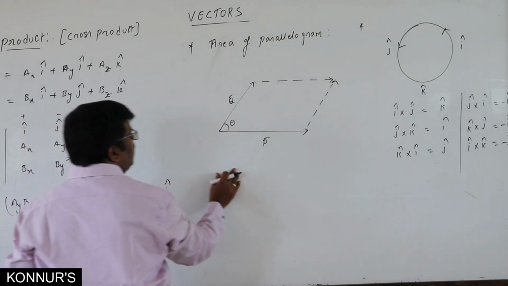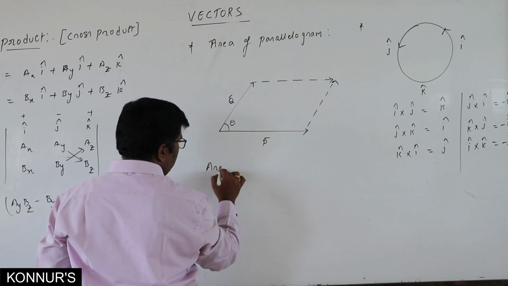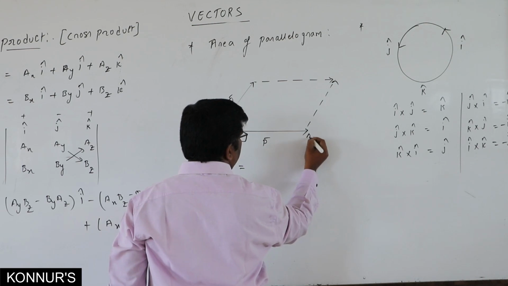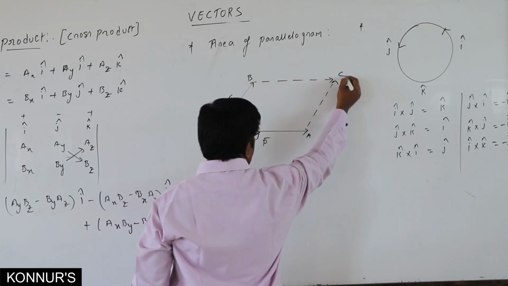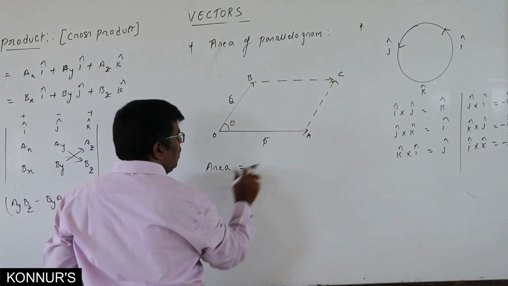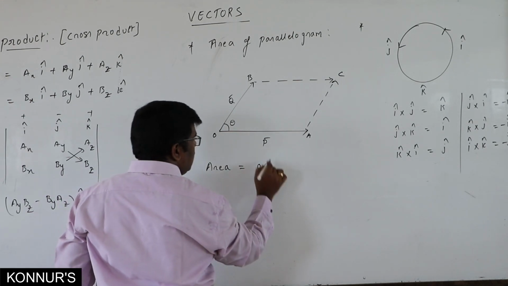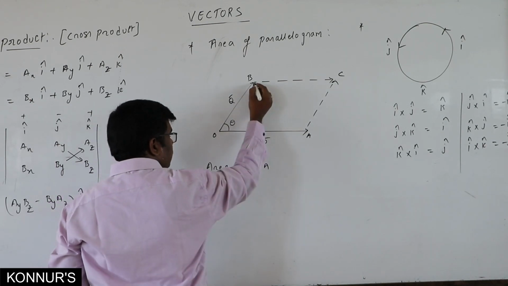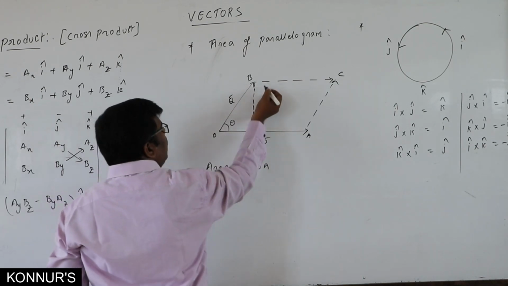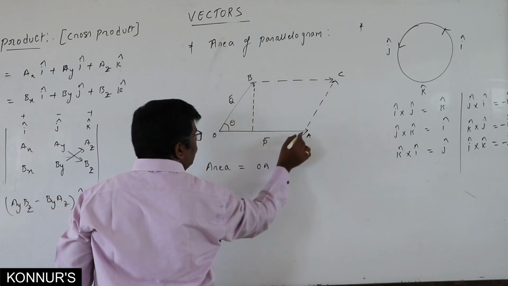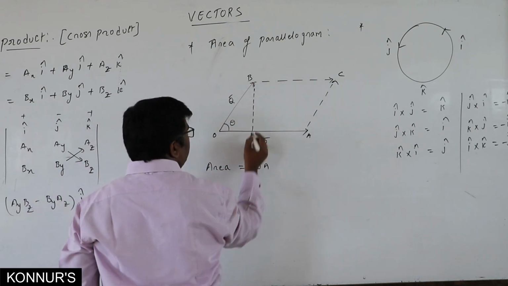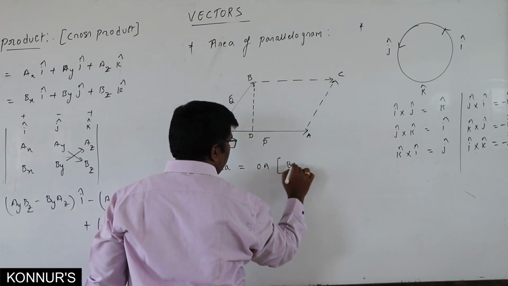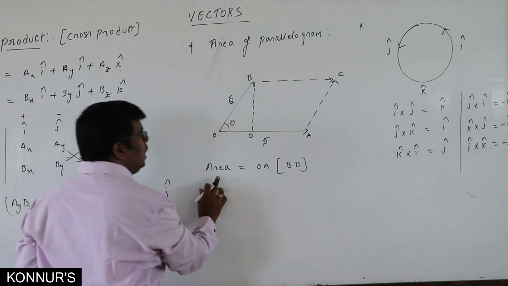How to determine the area? Take the parallelogram as OABC. The area is the product of OA and the perpendicular distance from BC to OA. Let the perpendicular distance be BD.